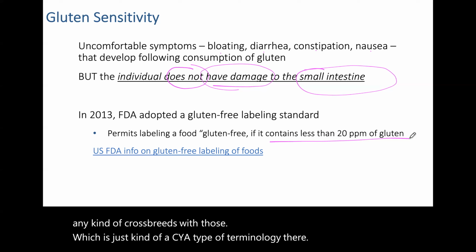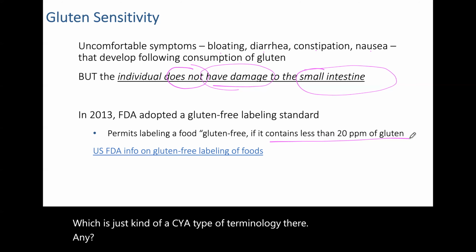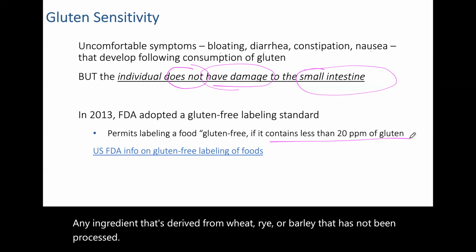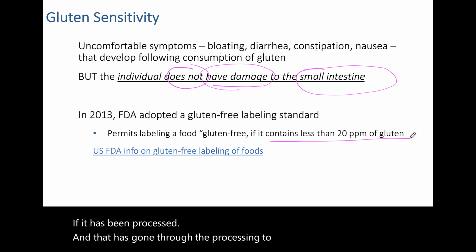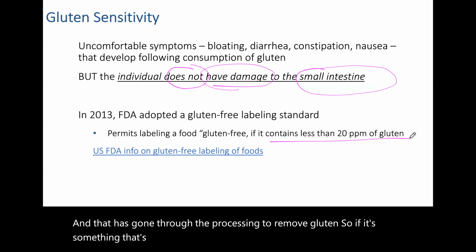Any ingredient that's derived from wheat, rye, or barley that has not been processed. If it has been processed, and it has gone through the processing to remove gluten, so if it's something that's been processed and gluten's been removed, that can still be labeled as gluten-free.